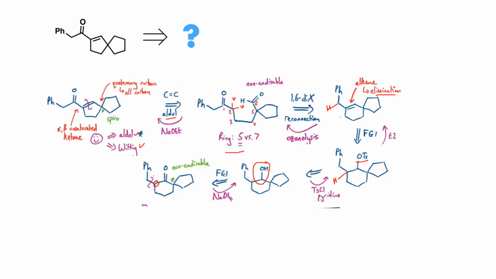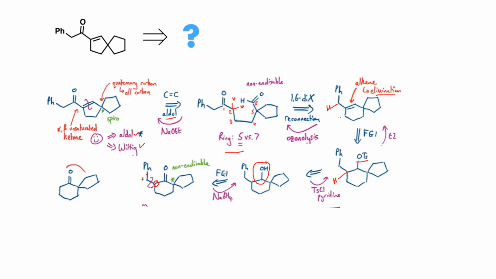So if you break this bond, there will be a positive charge and a negative charge. You can get this from benzyl bromide, or this negative charge can be formed through enol formation.